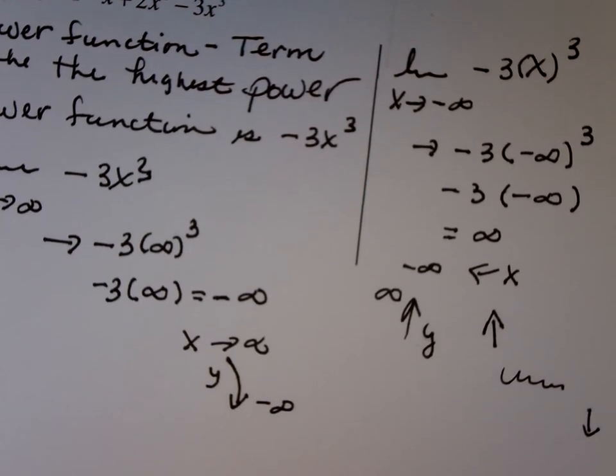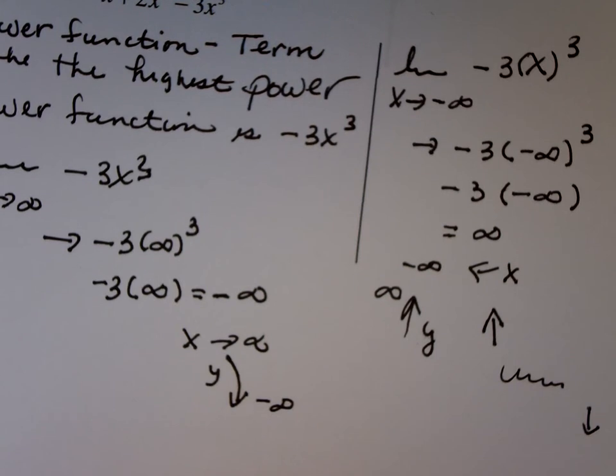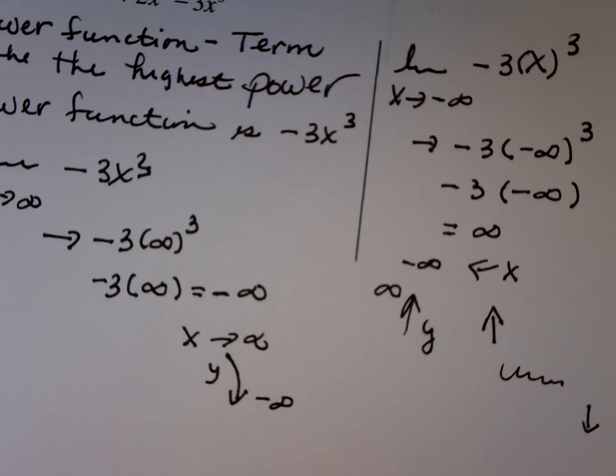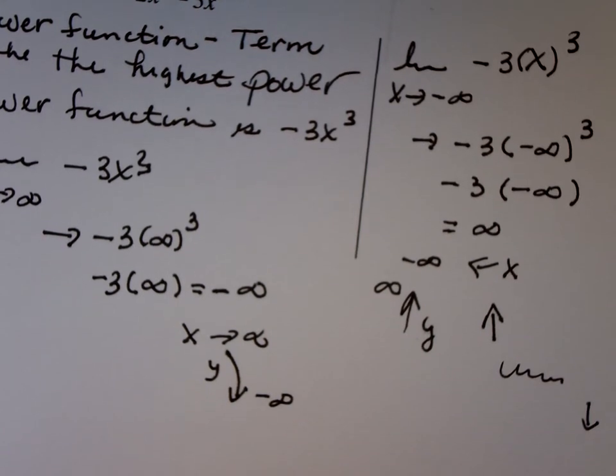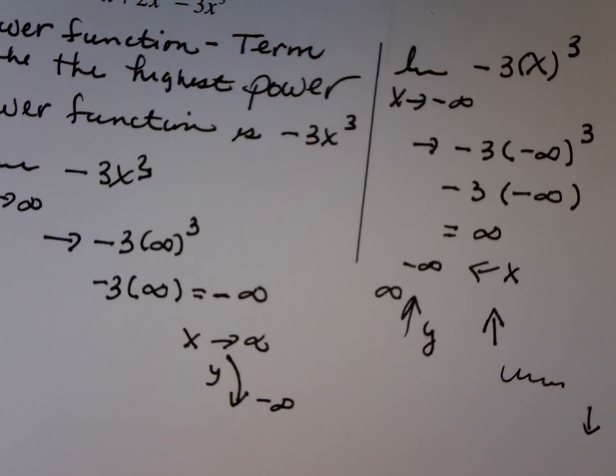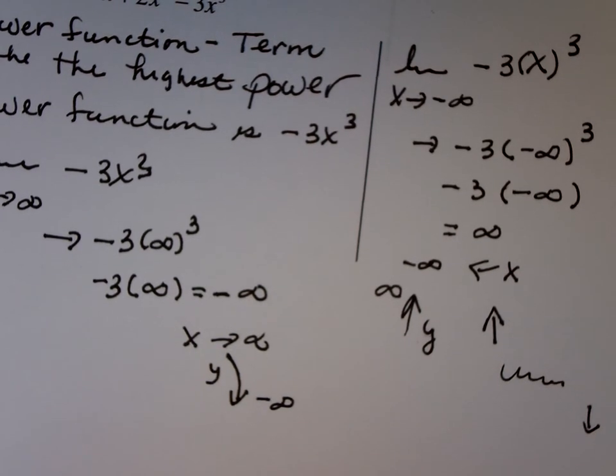So I don't understand why we only took the negative 3x cubed and not the rest of the problem. Well, that is because if I'm thinking about Bill Gates, he's only worth about 70 billion, right? If I cube 70 billion, 70 billion cubed is a big number.